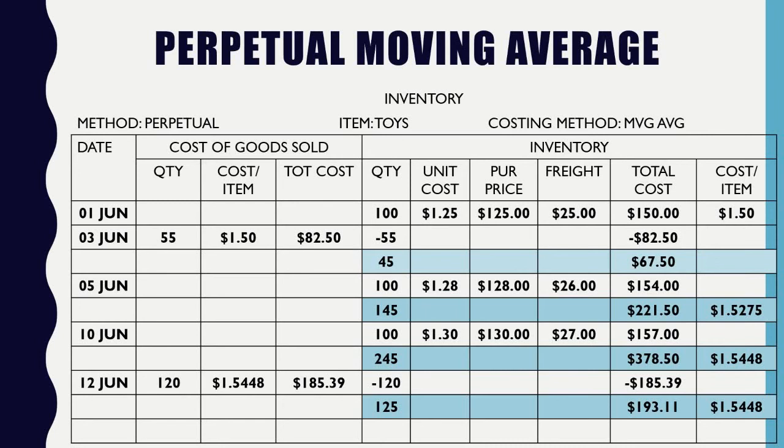Right? But in this case, we sold only 120 items, so it did not change that much. Okay? But here at the end of the day, we for sure know that we have 125 items costing $193.11. Okay?